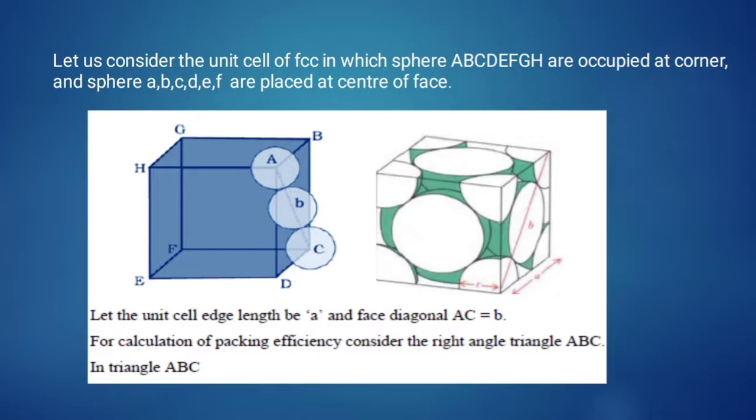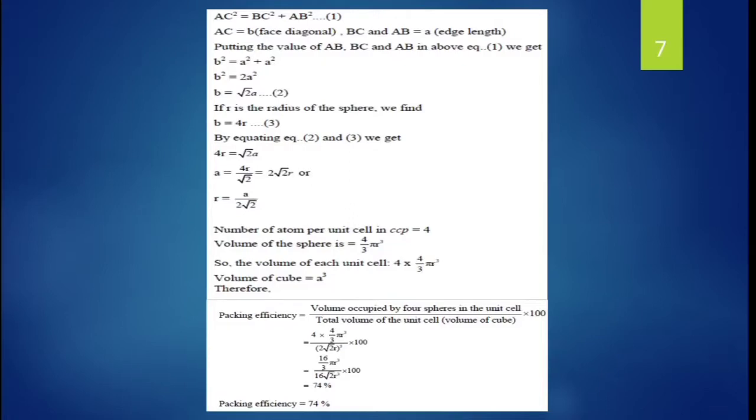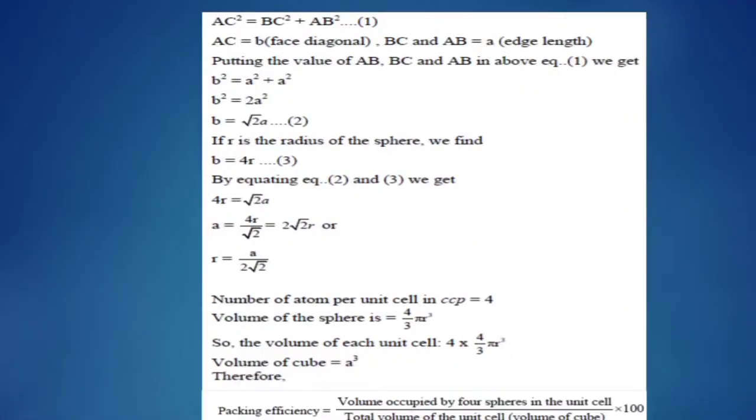For calculation of packing efficiency, let us consider the right angle triangle ABC. In triangle ABC, AC square is equal to BC square plus AB square. You know the Pythagoras theorem: the diagonal square is equal to side square plus side square. But AC is what? The face diagonal, that is b.